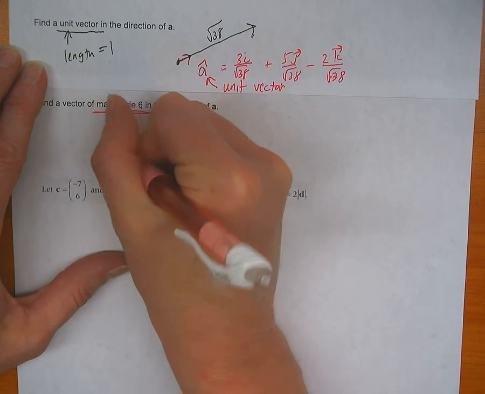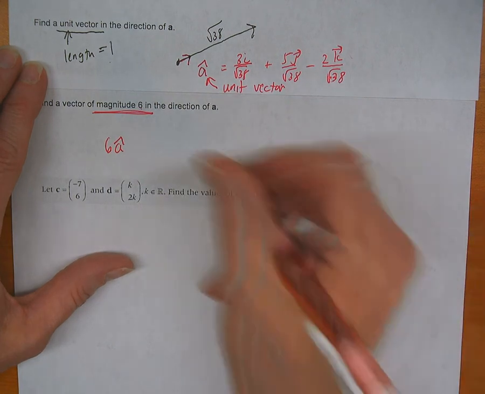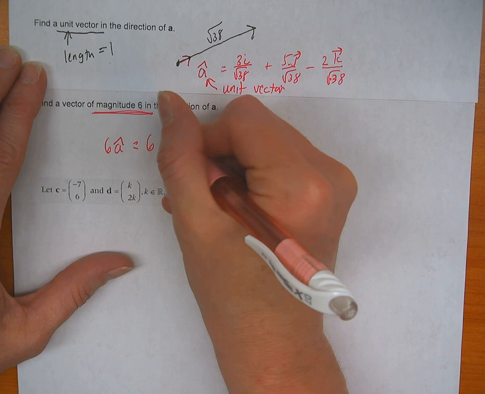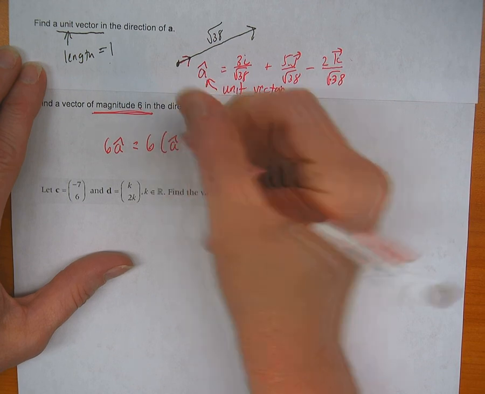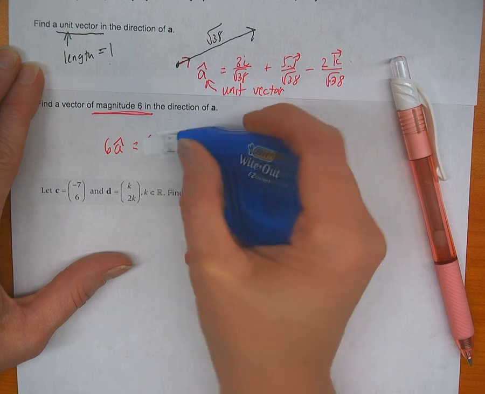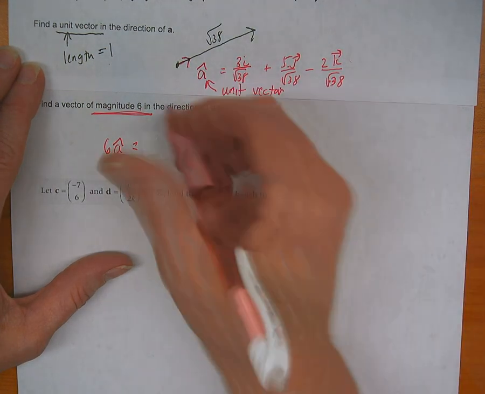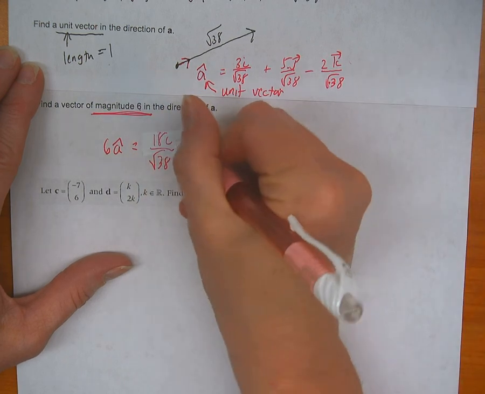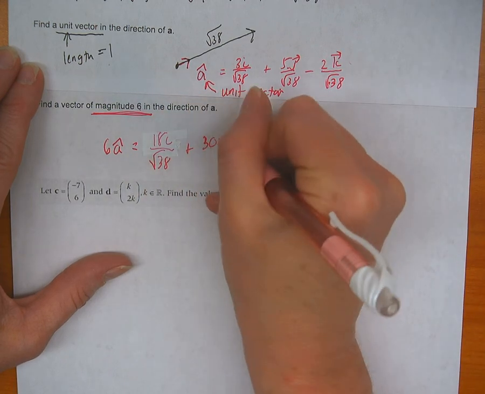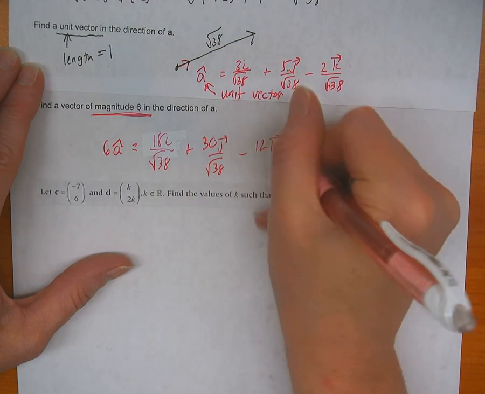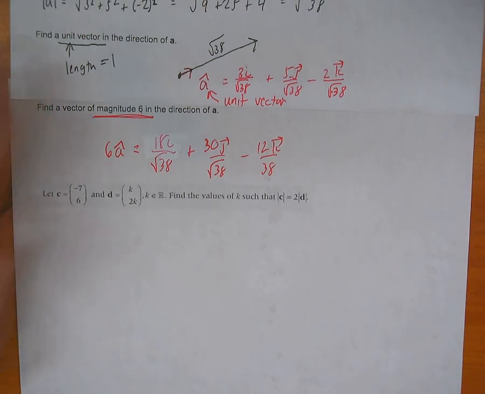So 6 times unit vector A. I'll just times each of these components by 6. So I get 18i over rad 38 plus 30j over rad 38 minus 12k over rad 38.